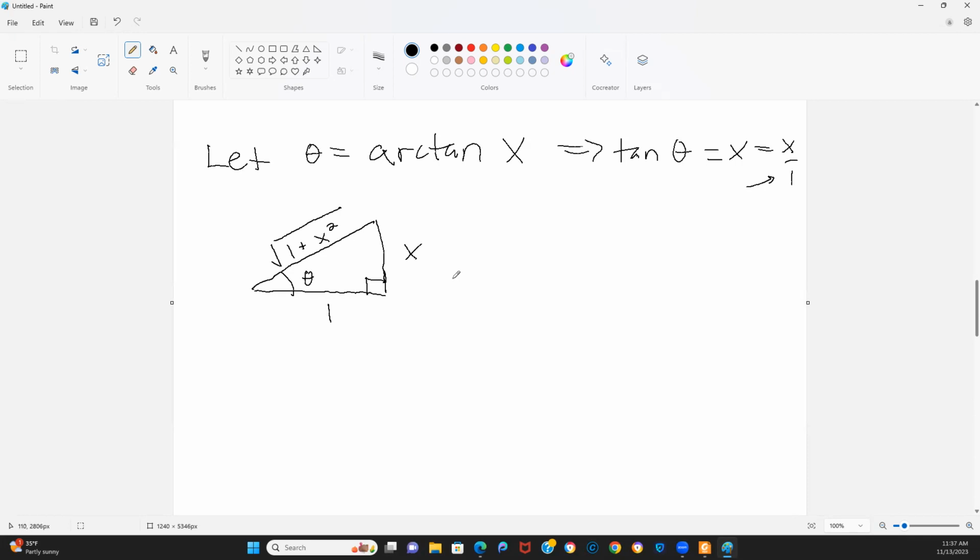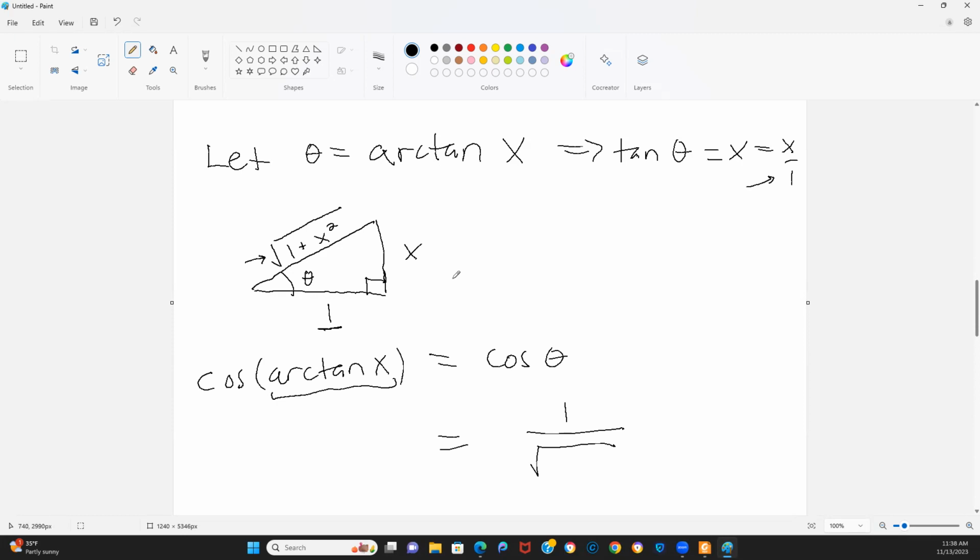Now what we're trying to simplify is cosine of arctan of x. We called this theta, so cosine of theta is the adjacent divided by the hypotenuse. So it's 1 over the square root of 1 plus x squared. And that's exactly what we get. That's option A. So that's how you get that option.